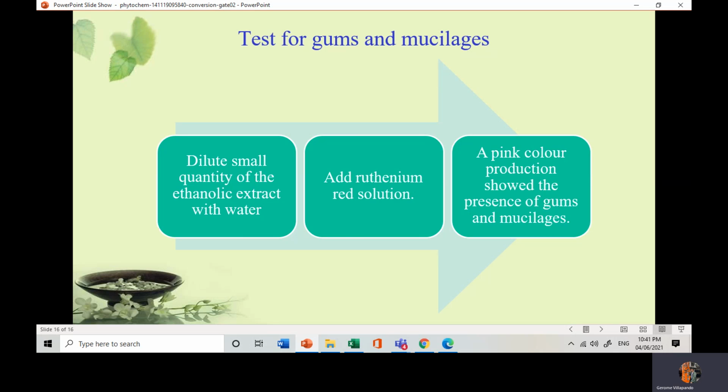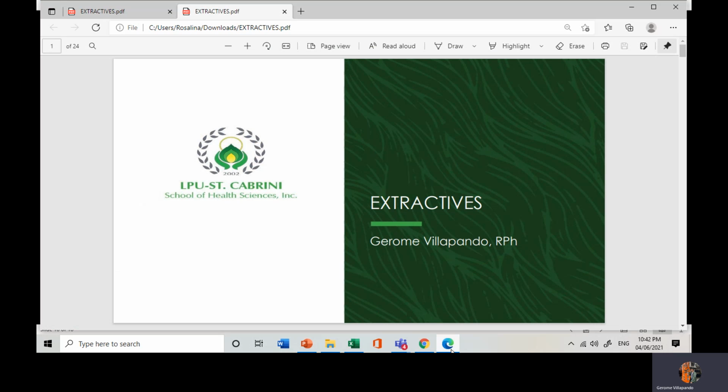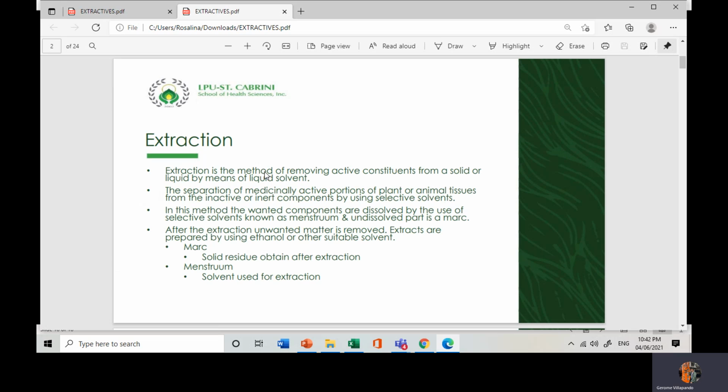Now, let's go to extraction. Extraction is the method of removing active constituents from a solid or liquid by means of a liquid solvent.